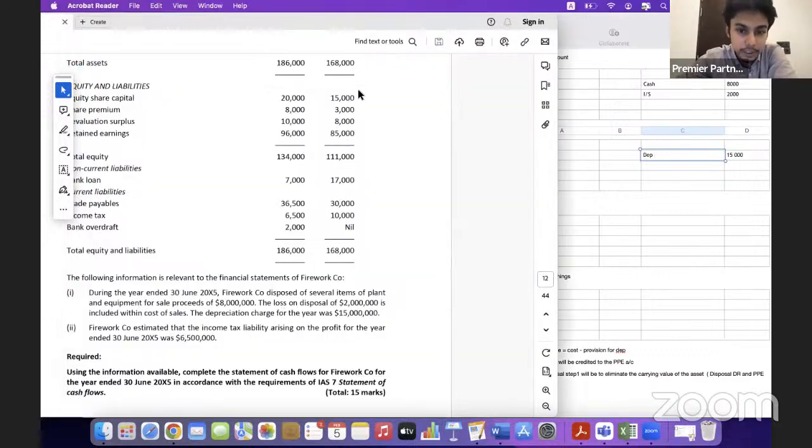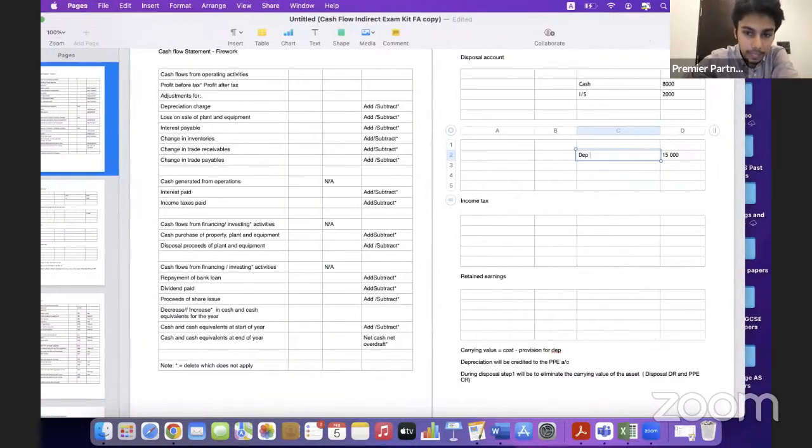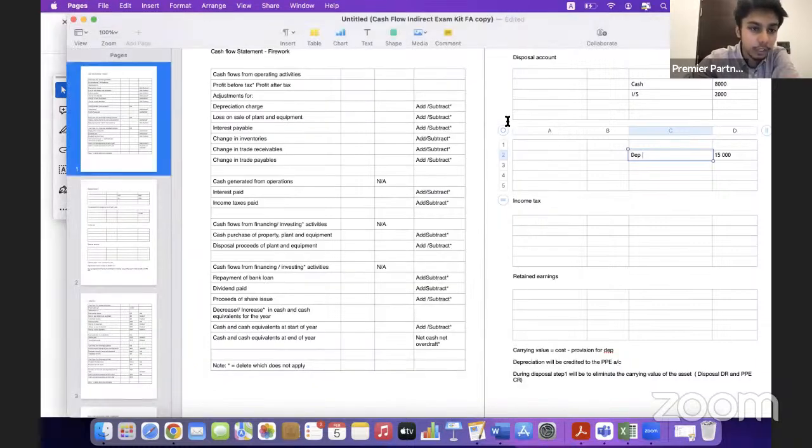Loss is normally an expense, so income statement debit, our T account will become credit over here. Last one, depreciation. Any depreciation, if it's at carrying value, should be credited to our T account. So this is what we have to do so far from the adjustments.